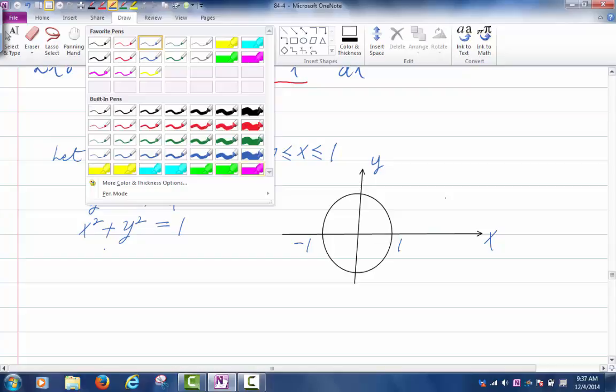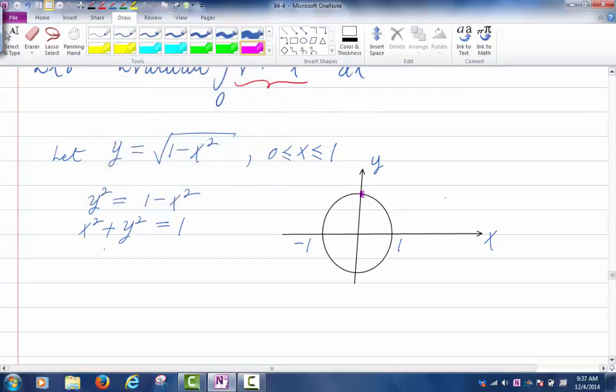We are getting the part of the circle lying on the first quadrant, right? Because x is between 0 and 1, and notice that the y value is positive, right? Y is the positive root of 1 minus x squared.